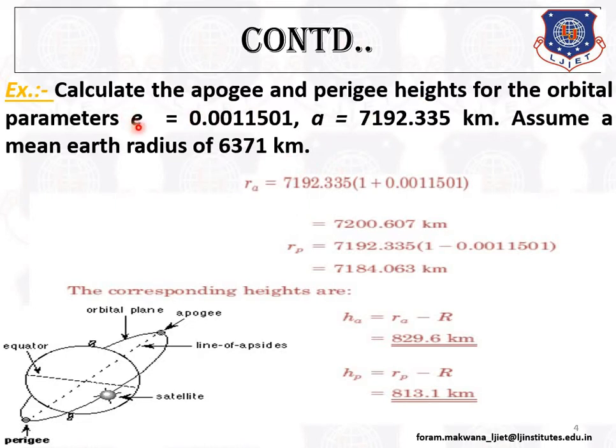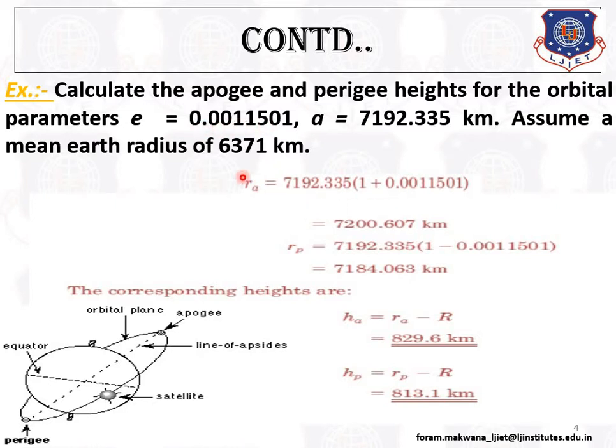We know that e stands for eccentricity and small a stands for semi-major axis. As per the above formula of radius of apogee and radius of perigee, I have simply placed here RA is equal to a(1 + e). The value of a is given, 7192.335, times 1 plus e, where e stands for eccentricity, given as 0.0011.